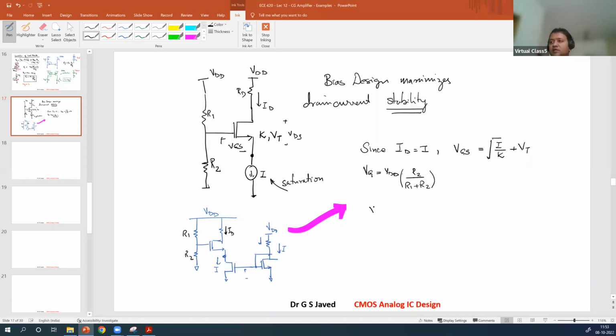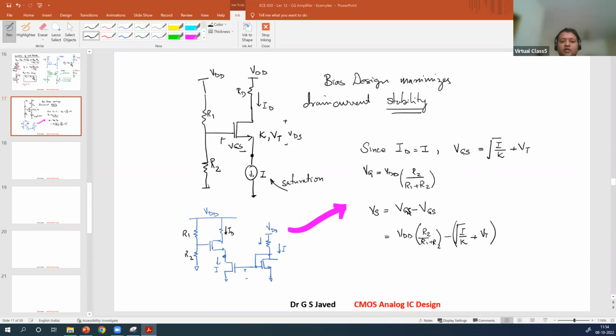So you get Vs, the source voltage, is VG minus VGS. So VG will be given as VDD times R2 by R1 plus R2. So VDD times R2 over R1 plus R2, minus the square root of I divided by K, plus Vt. So this will be your Vs value.